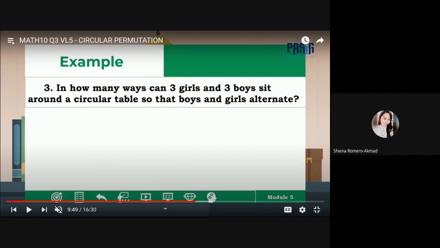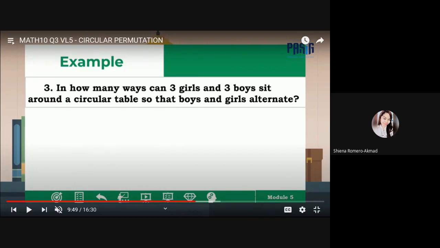Bibigyan ko kayo ng iba't ibang sitwasyon kung ano yung mga sitwasyon na pwedeng ibigay sa inyo. So, di ba dito, you're going to arrange in a circular table. So, alam na agad natin, ang formula po dyan ay n minus 1 factorial.